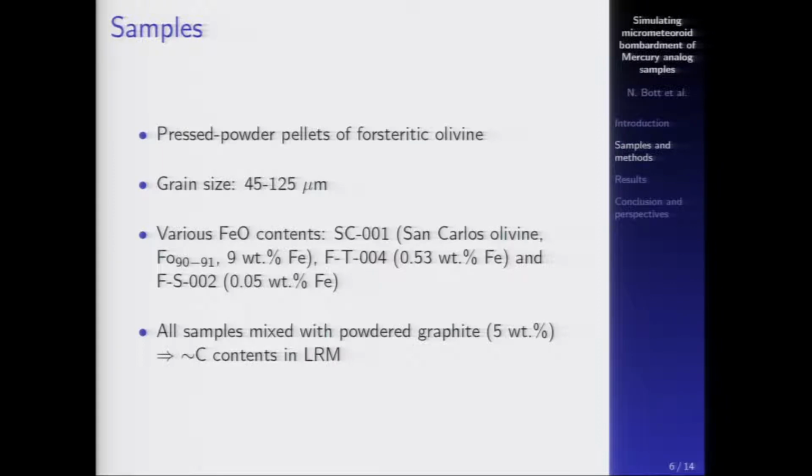The second one, FT004, has 0.53 weight percent of iron, and the last one has even lower iron content, 0.05 weight percent. And to account for the carbon content, especially in the low reflectance material, we also mixed the samples with graphite powder at 5 weight percent.